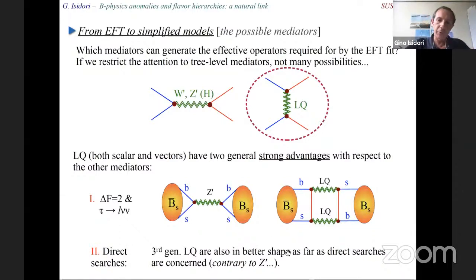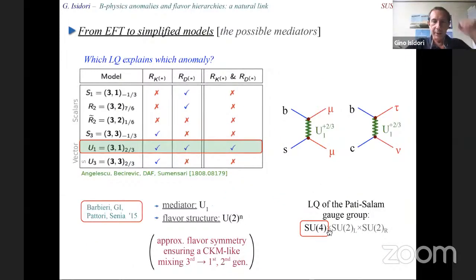Also from the point of view of direct searches, leptoquarks are in much better shape. Now there have been a lot of works about which leptoquark we should use to describe the anomalies, and I don't have time. Let me just focus on the most interesting case, in my opinion. There was this nice work by these authors, which tries to address both anomalies, which is more difficult but also more interesting.